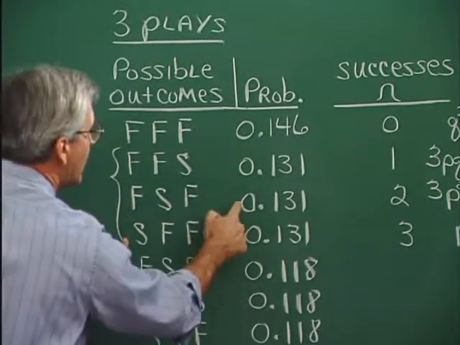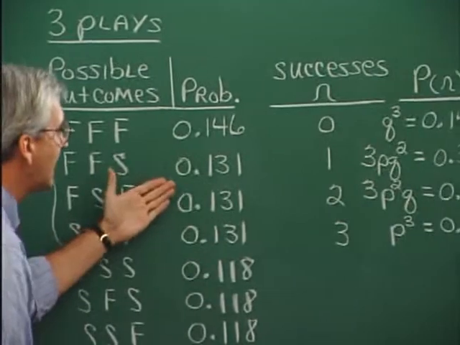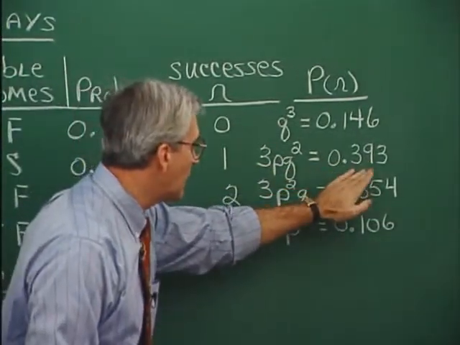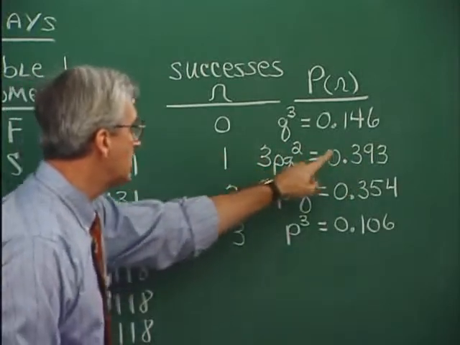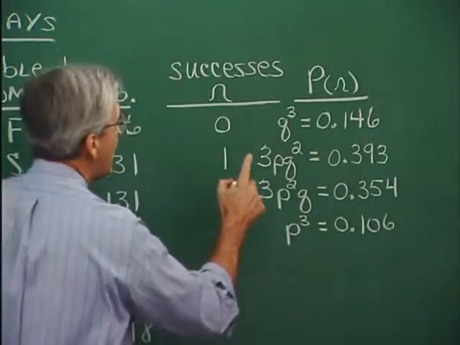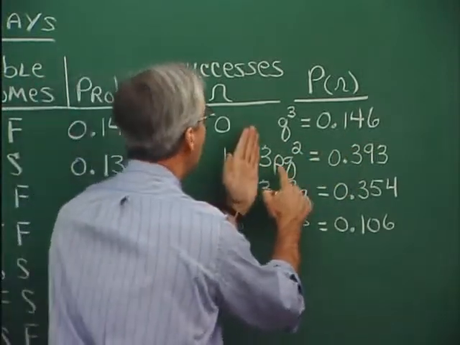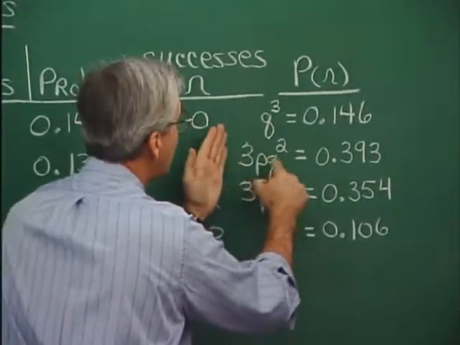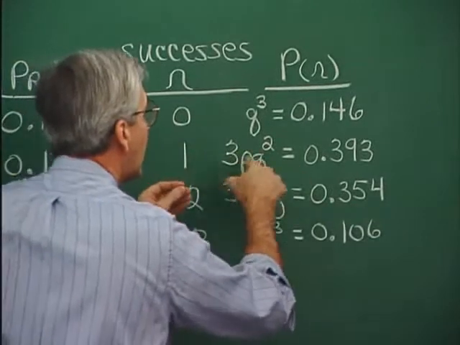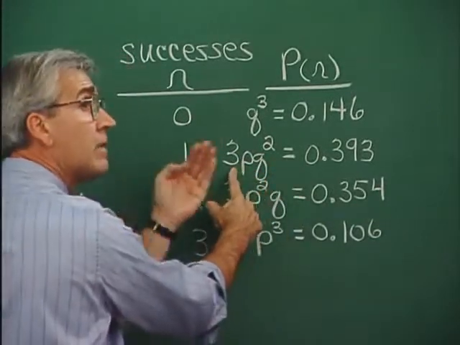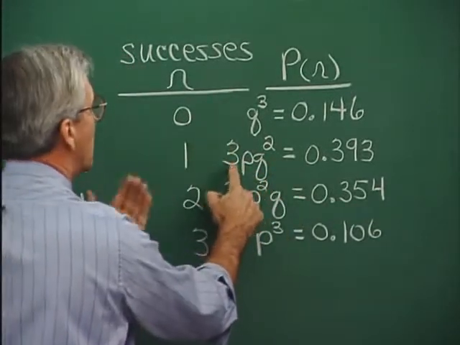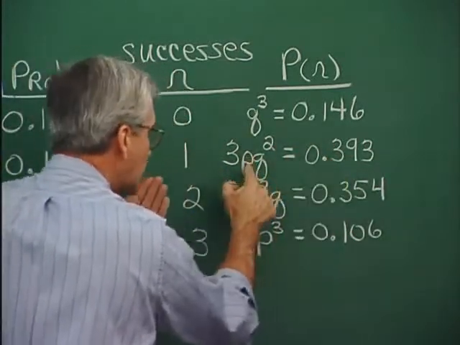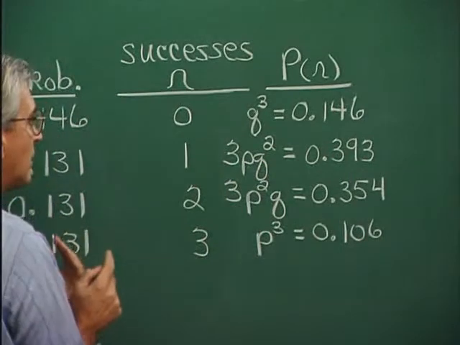And adding these three, then, we would get 0.393. The calculation for this could be made as, since we have three items that all involve these factors, we could make the calculation directly like this if we knew ahead of time that there were going to be three of them. So 3pq squared gives that. And p has a value, q has a value from over here.